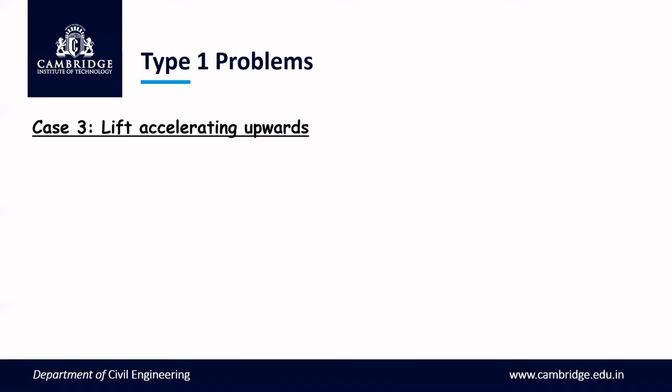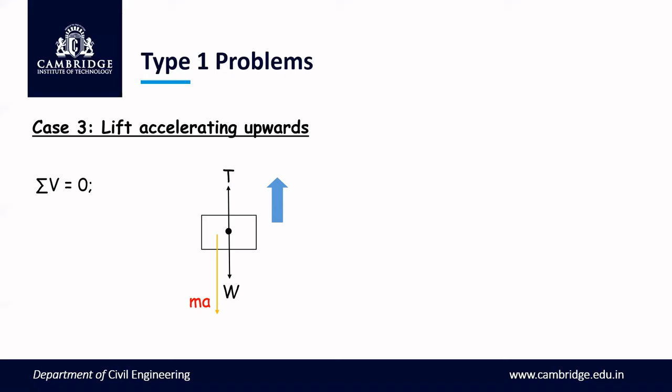How about case 3, where the lift is moving upwards or accelerating upwards? If we consider the free body diagram of it, you can see that there is a weight of the box acting downwards, tension acting upwards, but here the lift is moving upwards, and hence there is an opposite force, which is MA, that is your inertia force acting in the opposite direction.